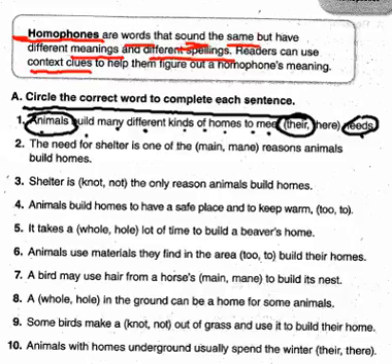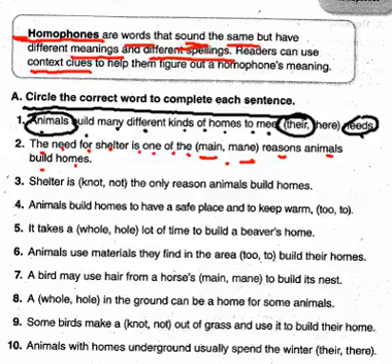Let's take a look at number two. Number two says the need for shelter is one of the main reasons animals build homes. We have to think to ourselves which one of these, main or mane, is going to be the word we're looking for. Now, we need something to talk about the main idea, the main thing here.